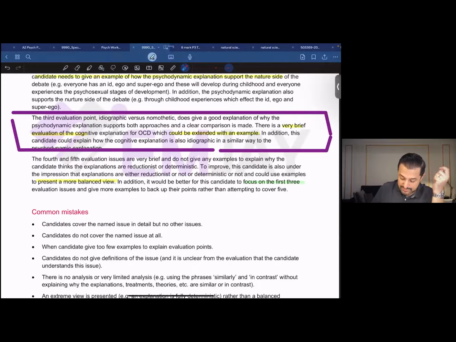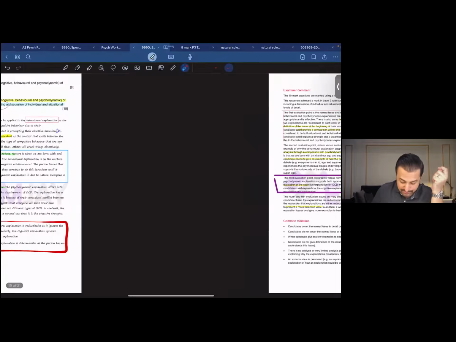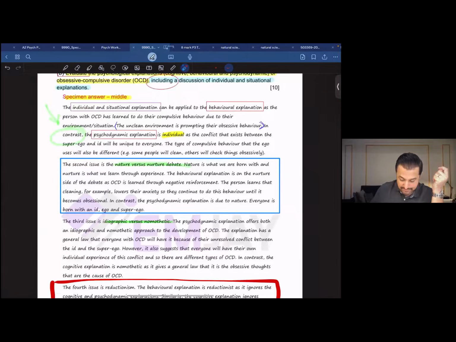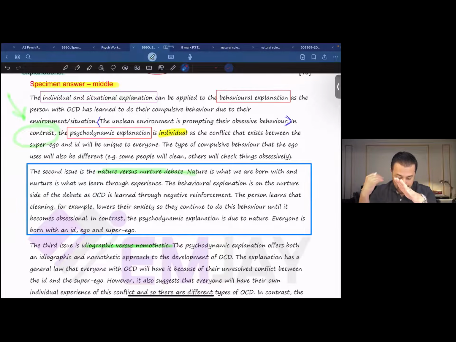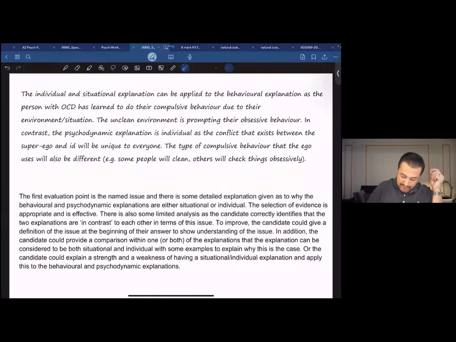So these are a couple of common mistakes that students make. I'd just put these paragraphs along with the comments on a single page and show them to you, so that it gets easier for you to understand. Here you go. This is the first paragraph, and this is what the examiner has commented about the first paragraph.